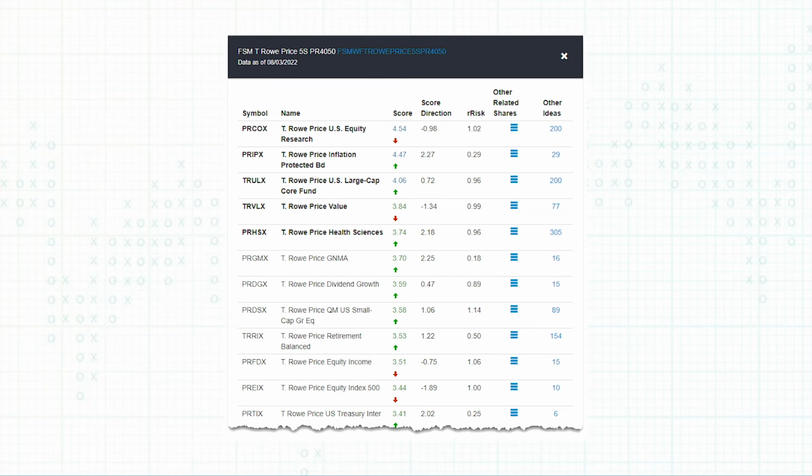So the T. Rowe model has some good core types of exposures, kicked out the financials, brought in the healthcare. It also did one more interesting thing. It brought in one fixed income related fund, the inflation protection fund that T. Rowe has. It's a great fund from their point of view, actively managed.